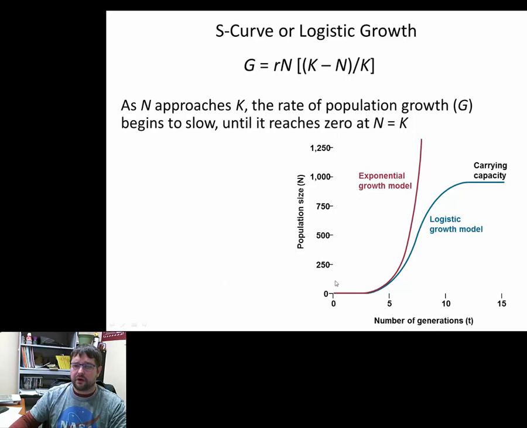And that will give us these kind of growth curves. So an exponential growth curve, which I was showing you from the exponential equation, where this is gone and it's just r times n. That's an exponential growth curve. There's no component, no resource limiting factor in an exponential growth curve. So you get population explosion. Now, again, there is no such thing as a population that will always be in an exponential growth model.